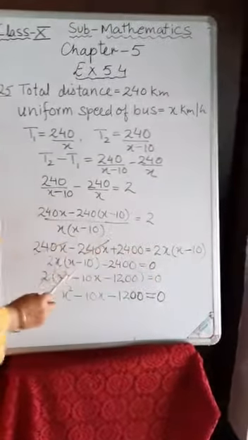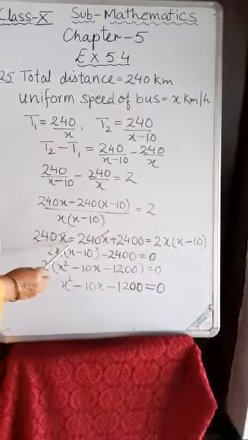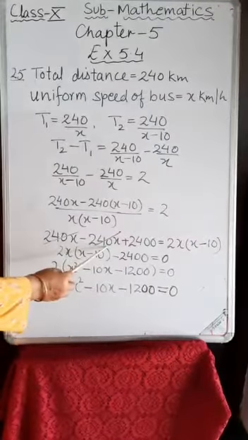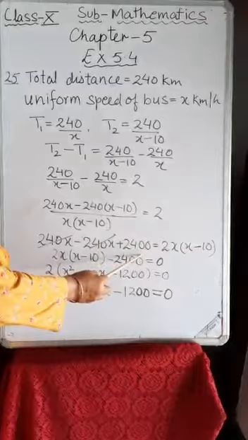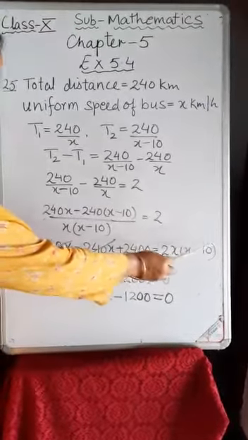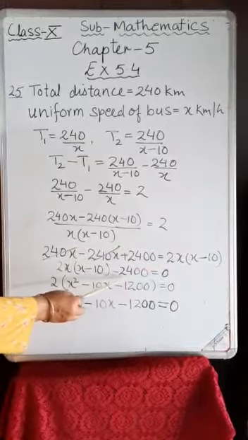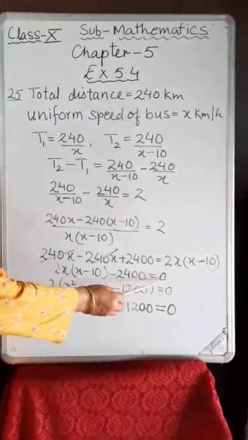Now 240x minus 240x, because one is plus and the other is minus, these two terms will cancel, and 2400 taken with this term gives 2x into x minus 10 minus 2400 equals 0.